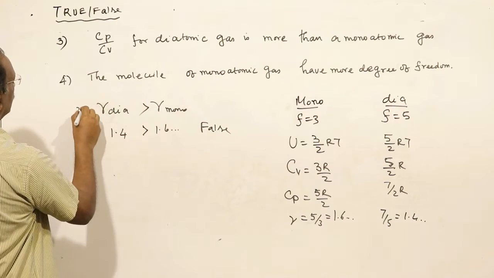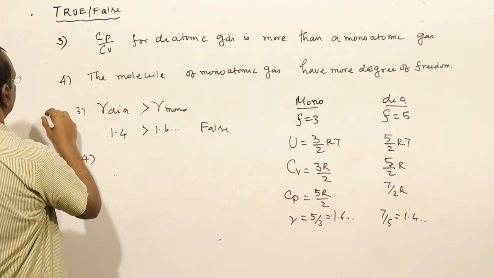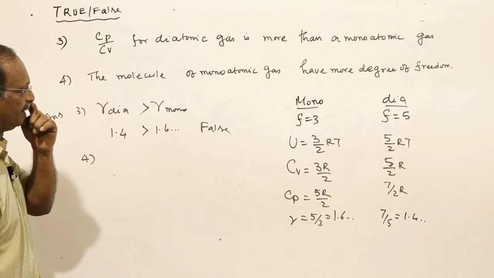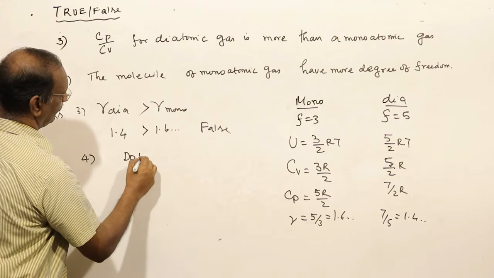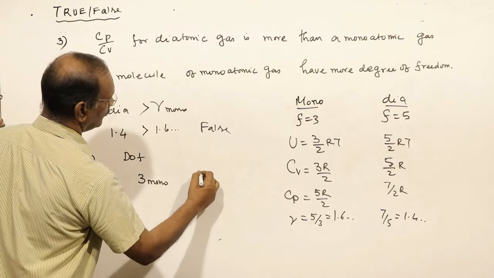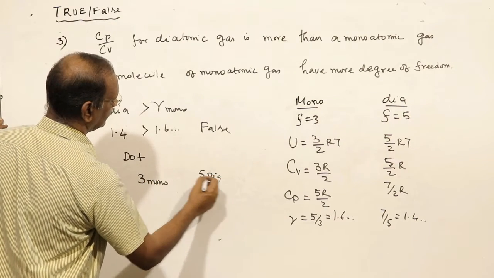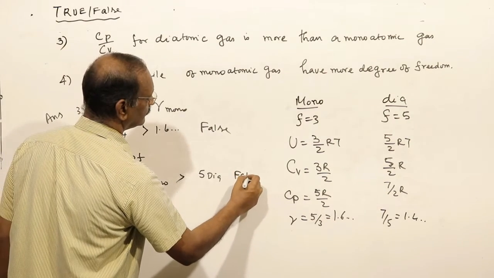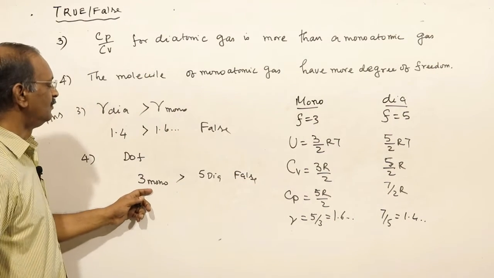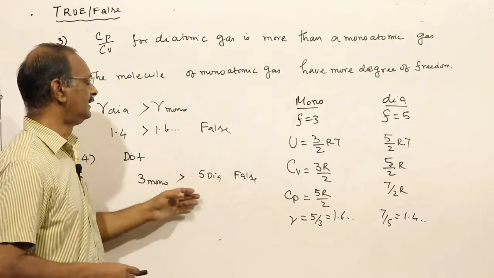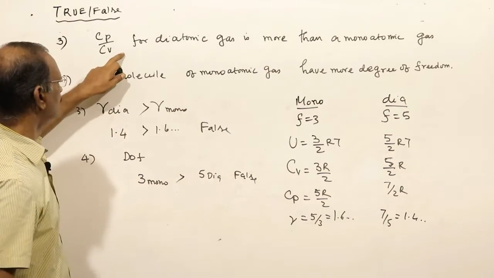Second, the molecule of monoatomic gas has more degrees of freedom. 3 for mono and 5 for di. Is it greater? No, this is also false, because monoatomic has 3 degrees of freedom versus 5. So 3 is not greater than 5. So this question is also false.